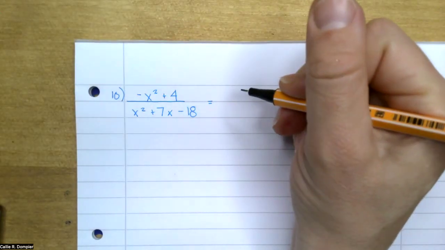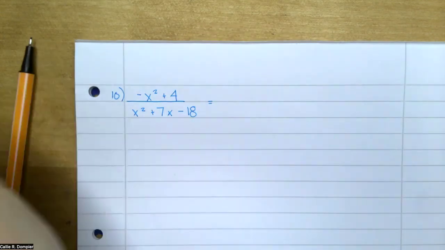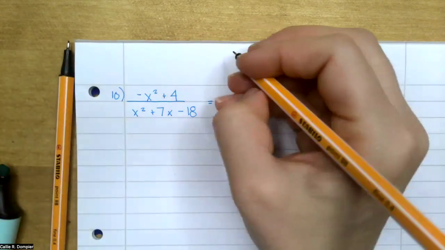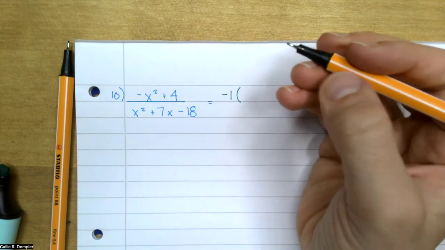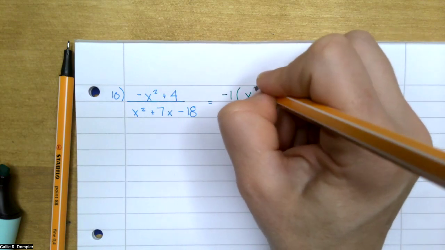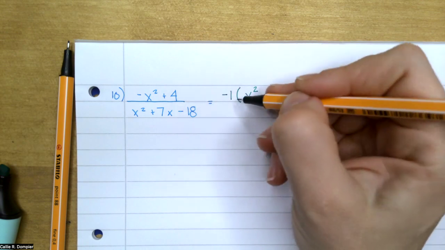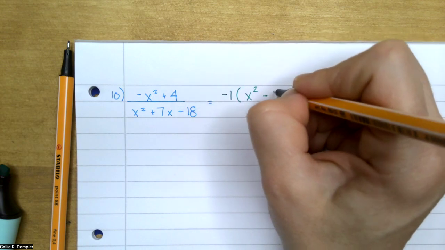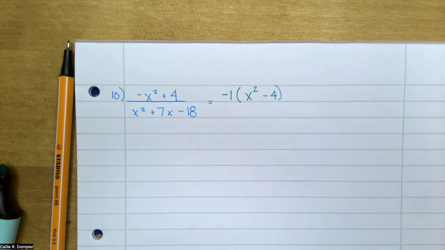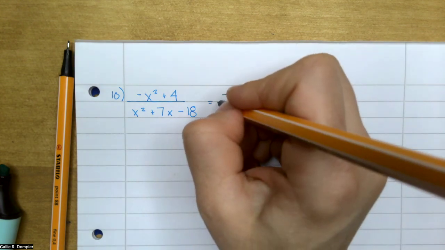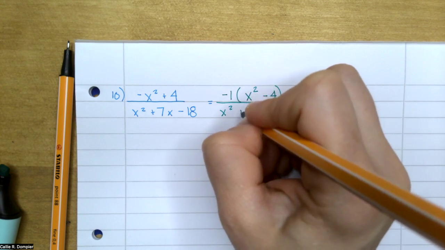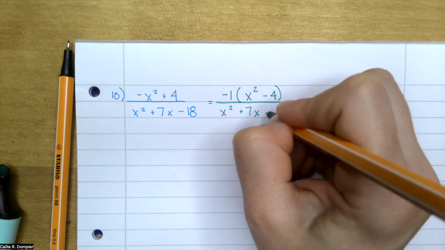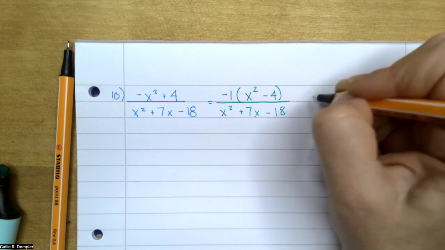I'm going to factor out a -1 and put it out in front. Negative x squared divided by -1 gives me a positive x squared. Positive 4 divided by a -1 gives me a -4. So that's the factored form of the top. I factored out a -1.